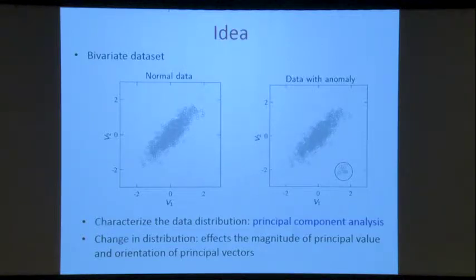And so the question is whether we could characterize the data distribution based on ideas we already know about, like principal component analysis. And to detect the anomaly, you have to detect some change in the distribution. And in particular, the effects of changes in the magnitude of the principal value and orientation of the principal vectors from the PCA analysis.